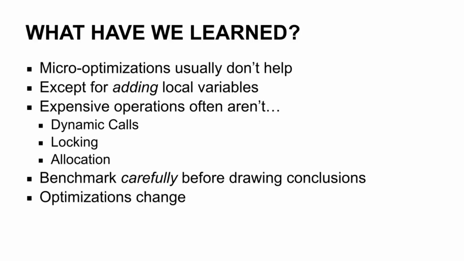Sometimes it can pull that off, but it can't do that if memory changes. So adding local variables can actually be helpful, contrary to what a lot of people would think, which is that they should remove them. And a lot of things that you'd think are expensive, because they're common in Java, we put the effort into making them fast. So dynamic calls, locking, allocation, and garbage collection actually aren't that expensive at all.